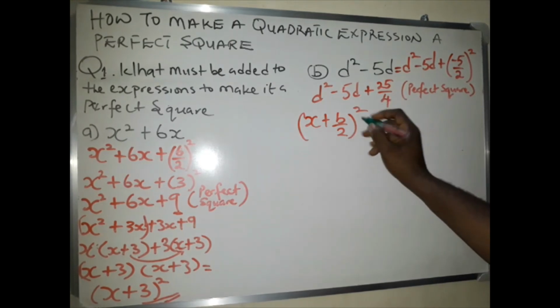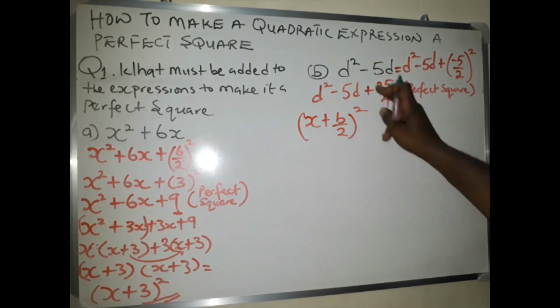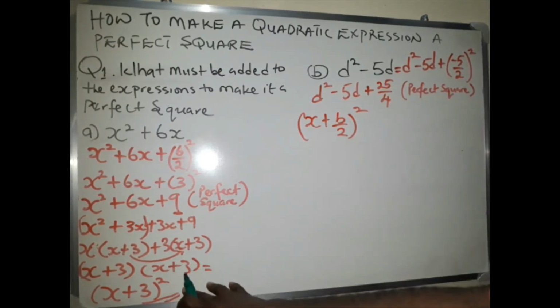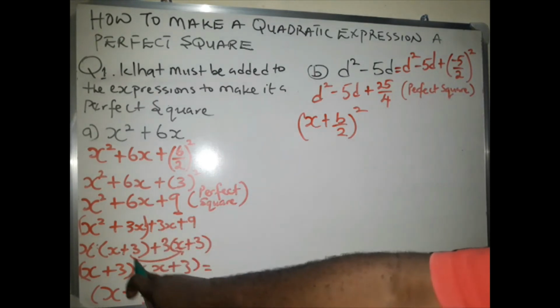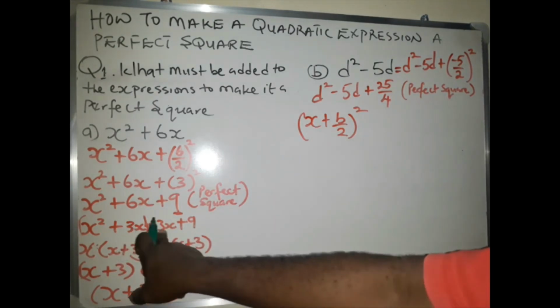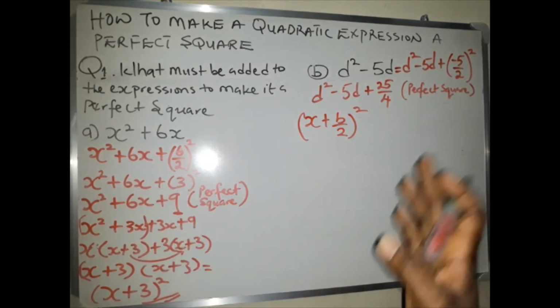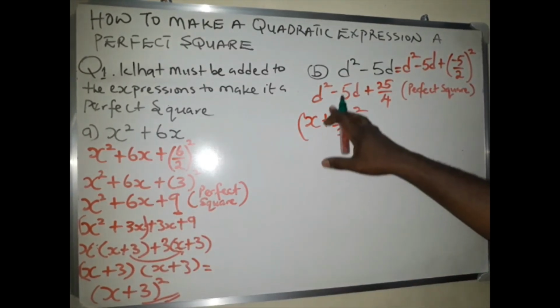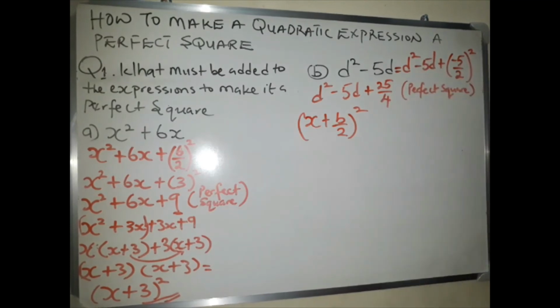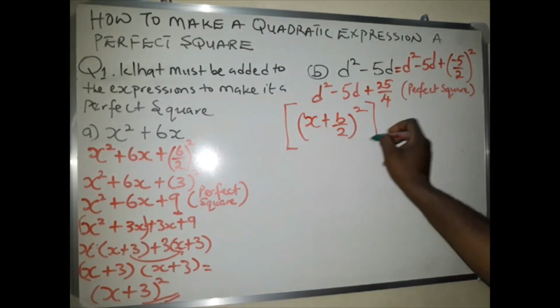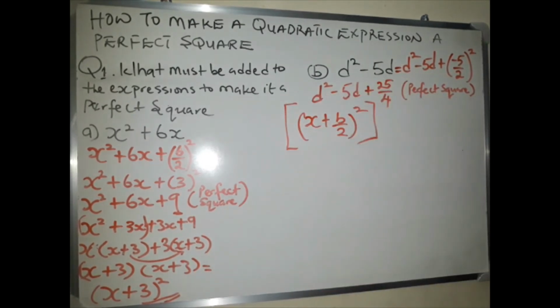This is the formula that you use to factorize any expression that you cannot easily factorize with the normal method. Like in the method I used here, I look for two factors that when I add them together give you 6x, but when I multiply, it gives you 9. It's very clear. But in this expression, it's going to be very difficult for you to factorize using this method. So what do we do? You now use this formula to factorize what we have there.